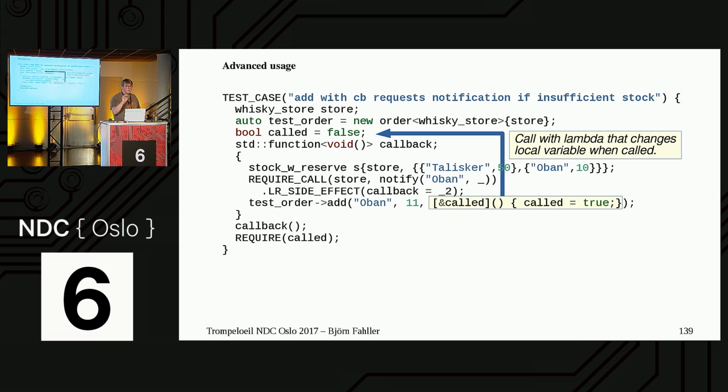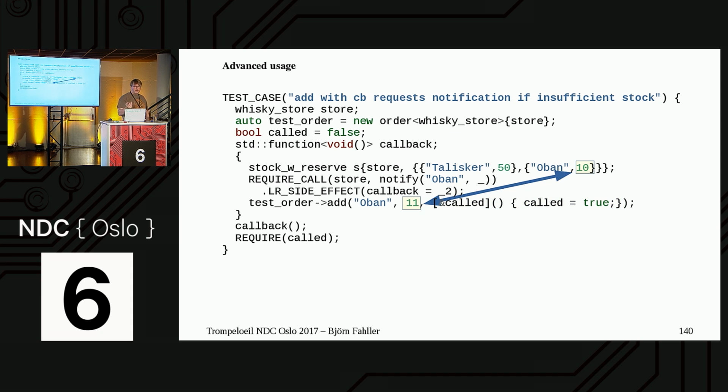Then I call add with a lambda that operates on another local variable, a boolean that sets it to true. And since I'm adding 11 obans when there are only 10 in stock, I really should get this to happen.